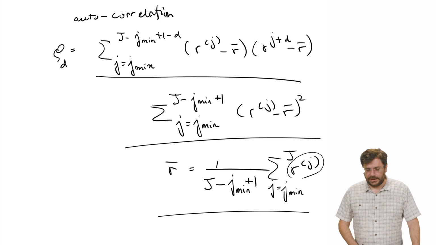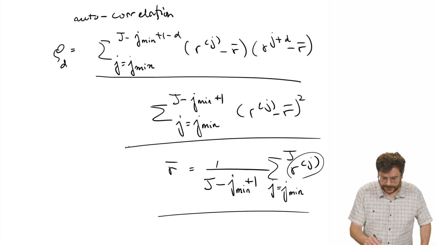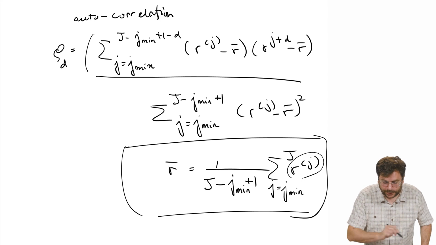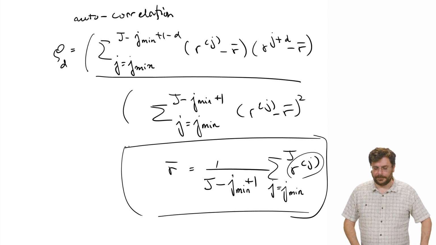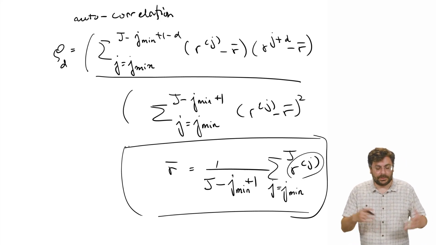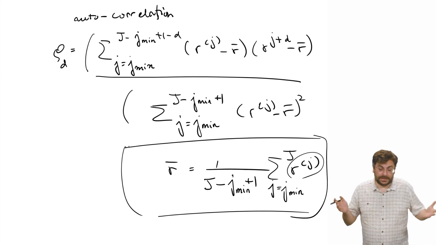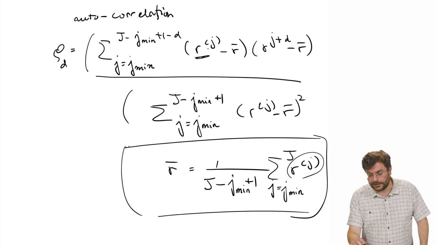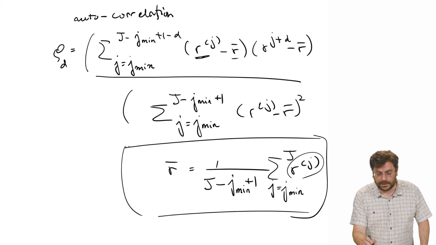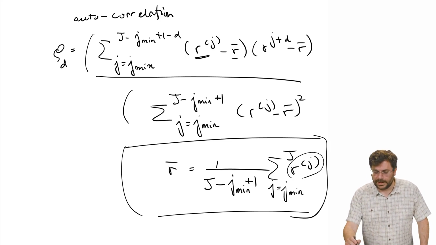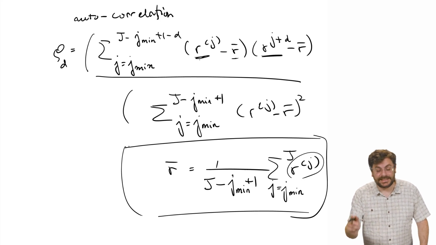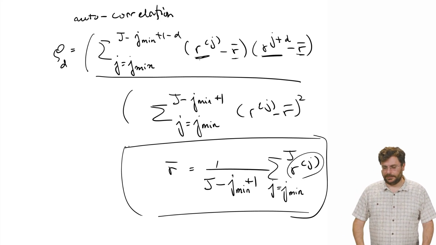What is rho d? So I should say this is a definition, and this here is a division between numerator and denominator. So what is rho d? For those who've heard about it, again, it's the plain old autocorrelation function. You're taking r j and subtracting from it the mean over this region, and comparing the difference of r j from its mean to r j plus d minus its mean.